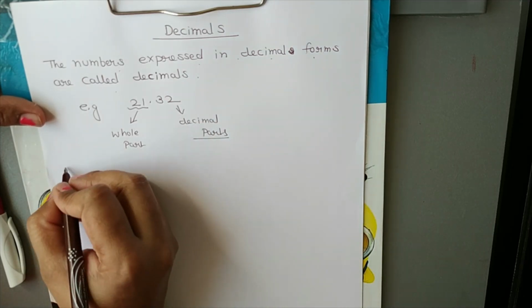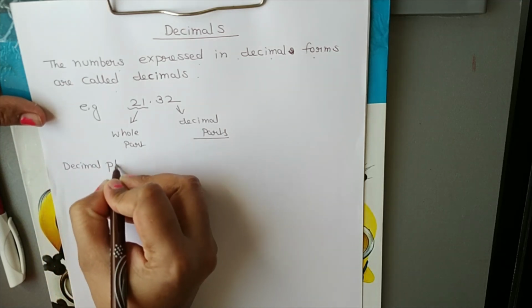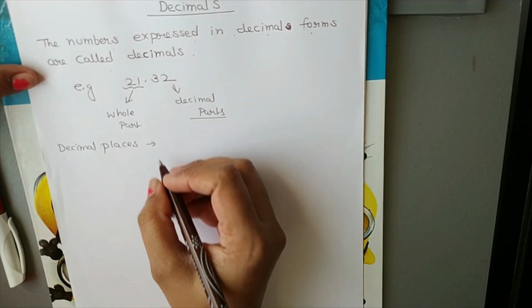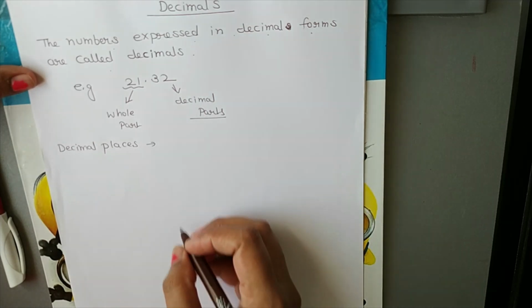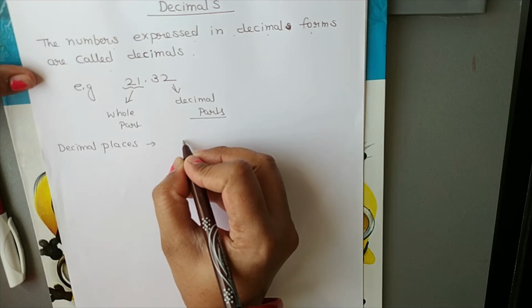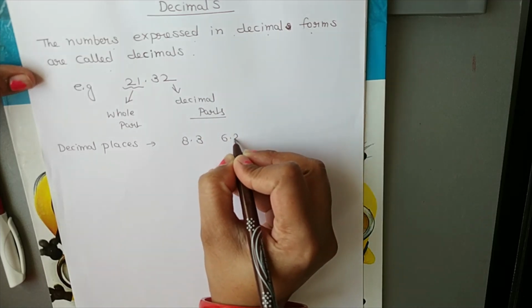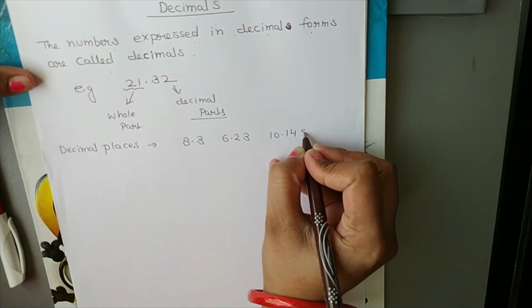Now what are decimal places? The number of decimal places is equal to the number of digits contained in the decimal part of a decimal. Suppose I am writing 8.3, 6.23 and 10.145.